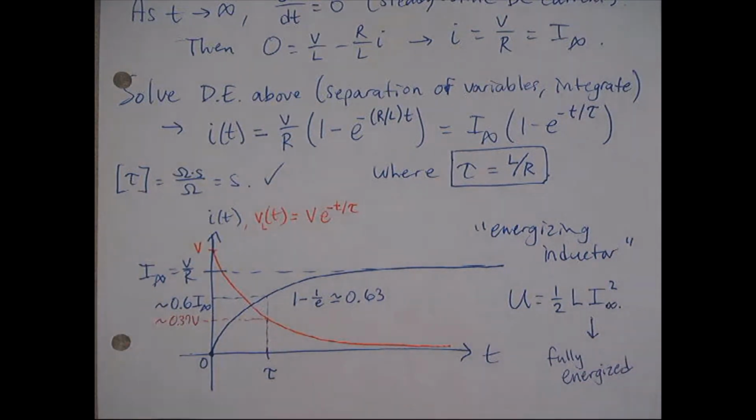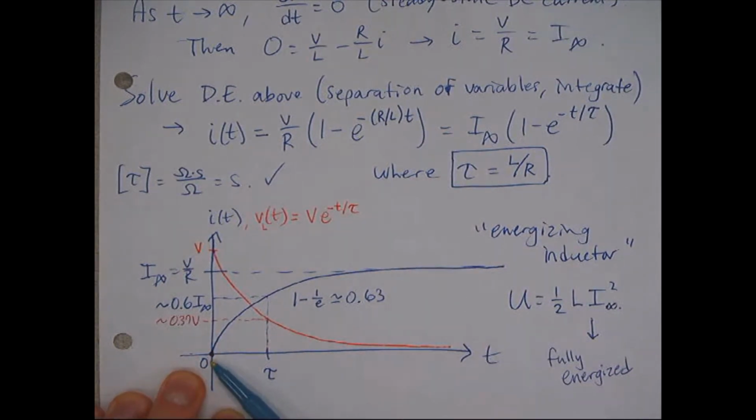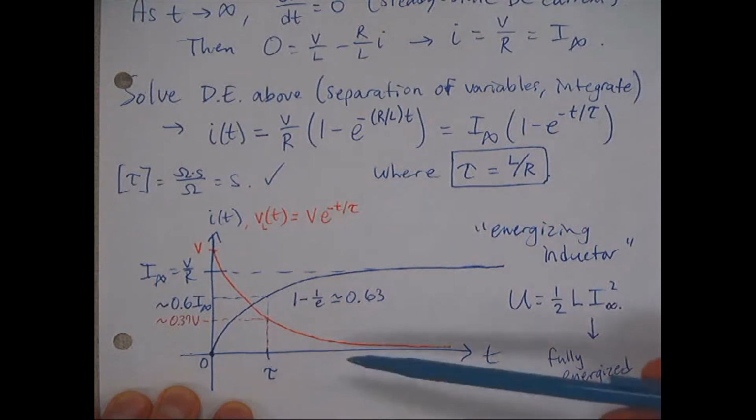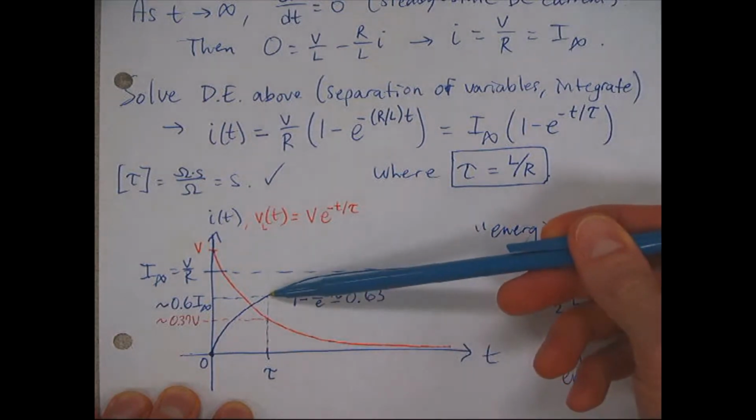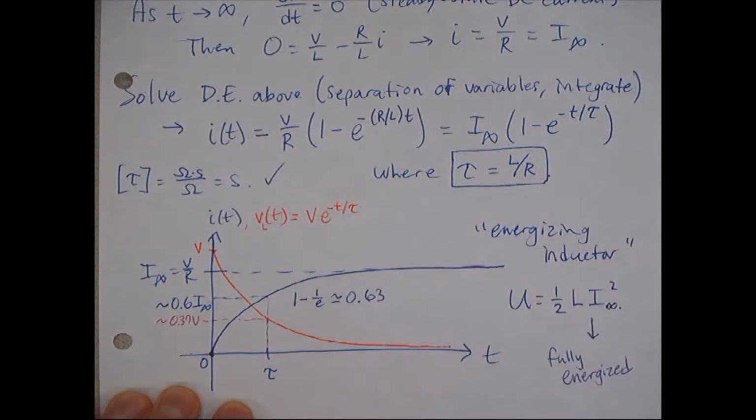The shape of this graph in blue, current versus time, again in that initial instant, the inductor pushes against the current. It starts to lose that battle and current ramps up to its steady state value of V over R. After one time constant elapses, you are up to about 63% of the steady state current. That's 1 minus 1 over e.